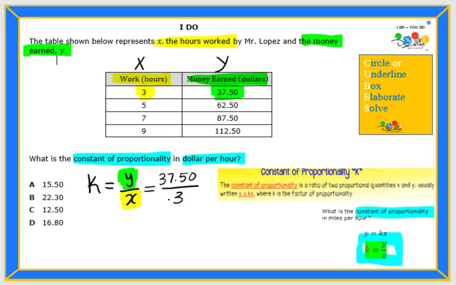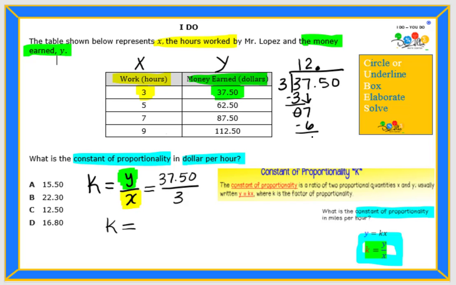Now we have to simplify that by dividing. So I'm going to work that out over here. 37.50 divided by 3. There's no decimal in the divisor, so the decimal in the dividend comes straight up. 3 goes into 3 one time because 3 times 1 is 3. I'm going to bring down my 7. 3 goes into 7 two times because 3 times 2 is 6.